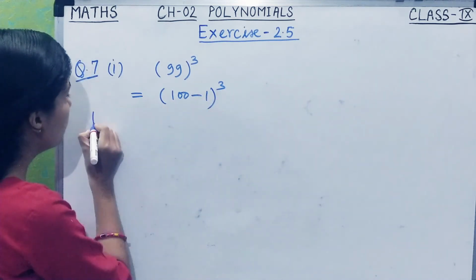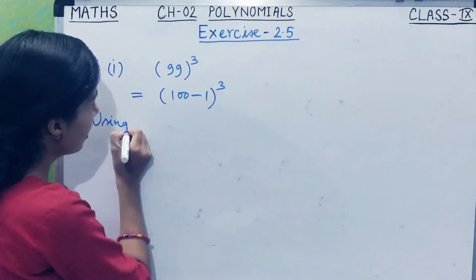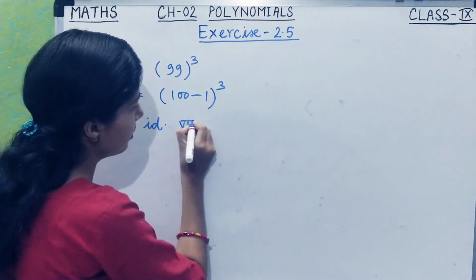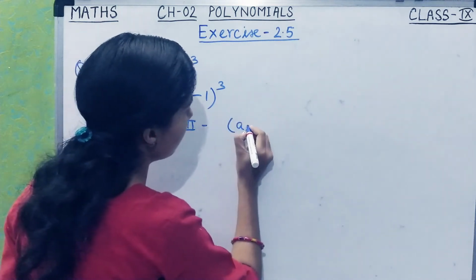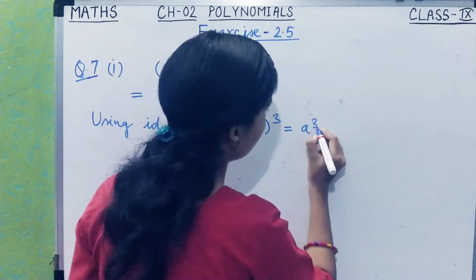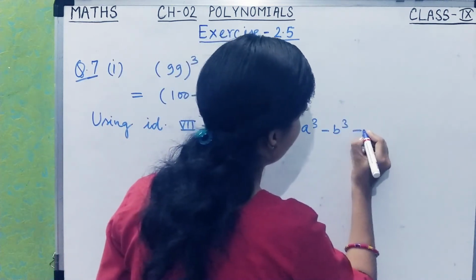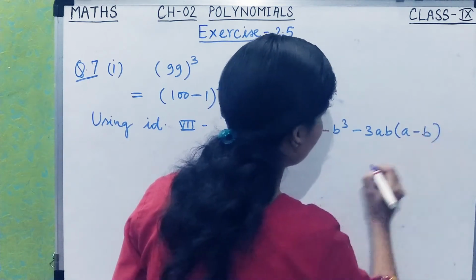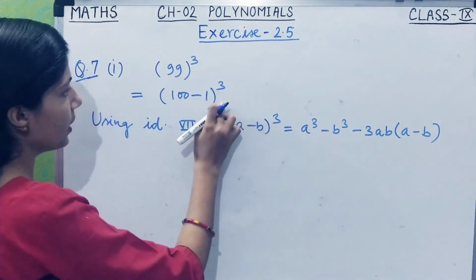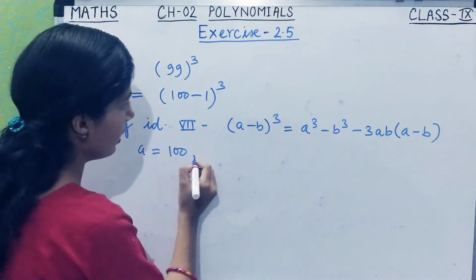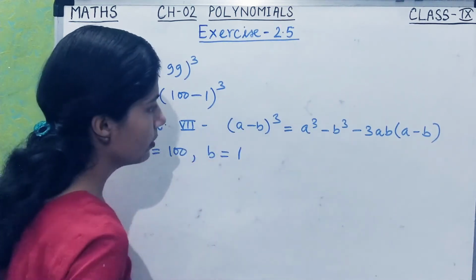So using identity number 7, that is what? (a minus b) whole cube is a cube minus b cube minus 3ab into (a minus b). On comparing these two, we are getting a is 100 and b is 1.